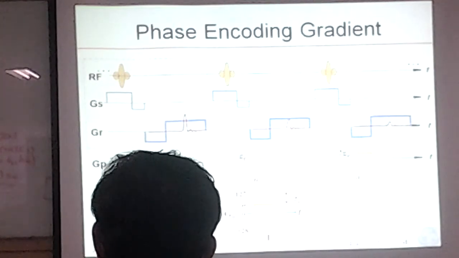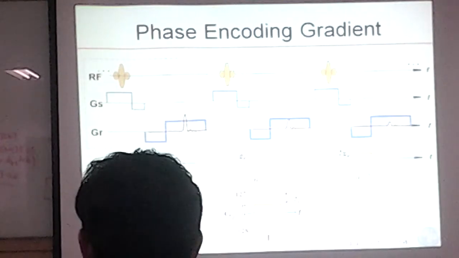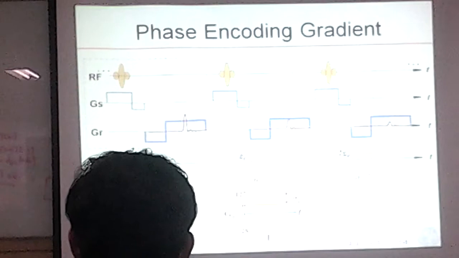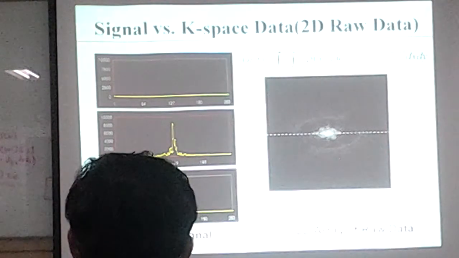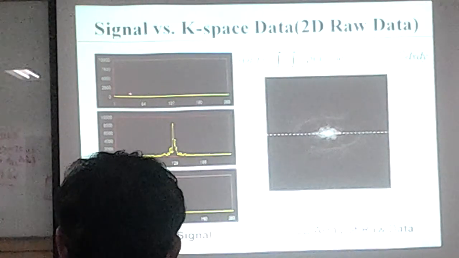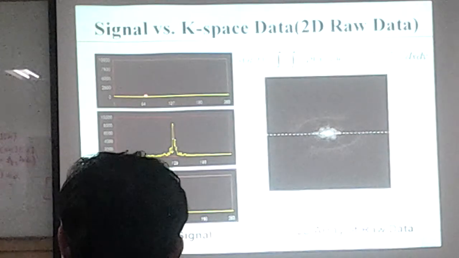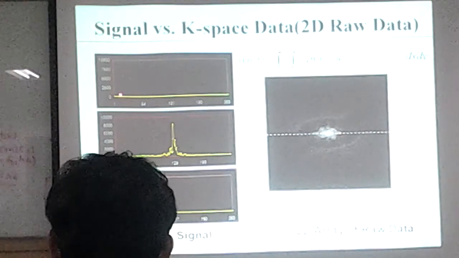Usually, with a large phase encoding gradient, the signal almost disappears because all the phases of the spins are different. So this is an example of MRI data. For the large phase encoding gradient, all of the signal becomes zero, and there are several noises here.